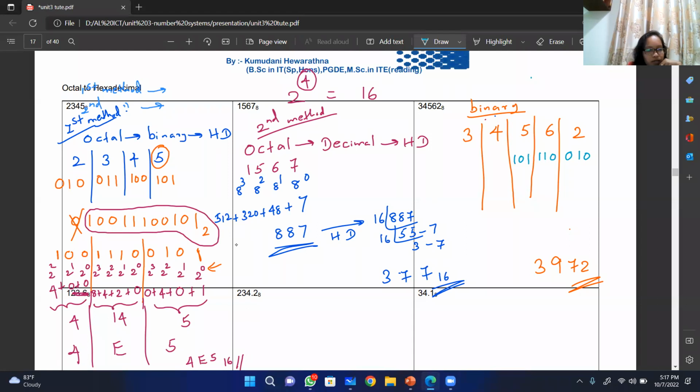Next, Tilini, 4. 100. Next, 3, Shivani. 011. Yes. So it is 0 1 1 1 0 0 1 0 1 1 1 0 0 1 0. So we can skip this zero.